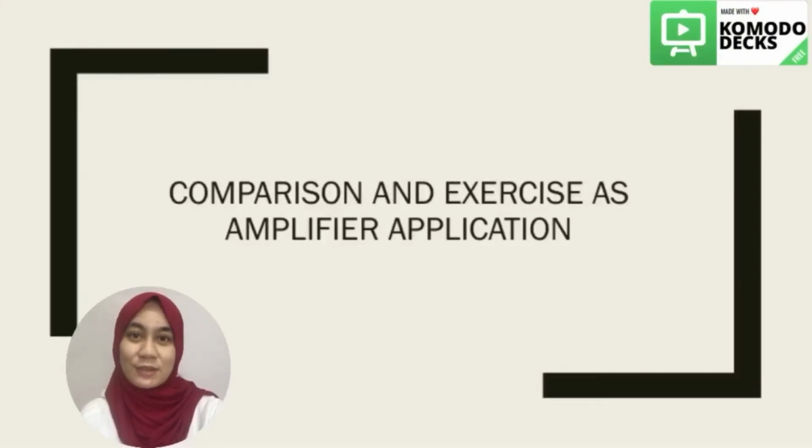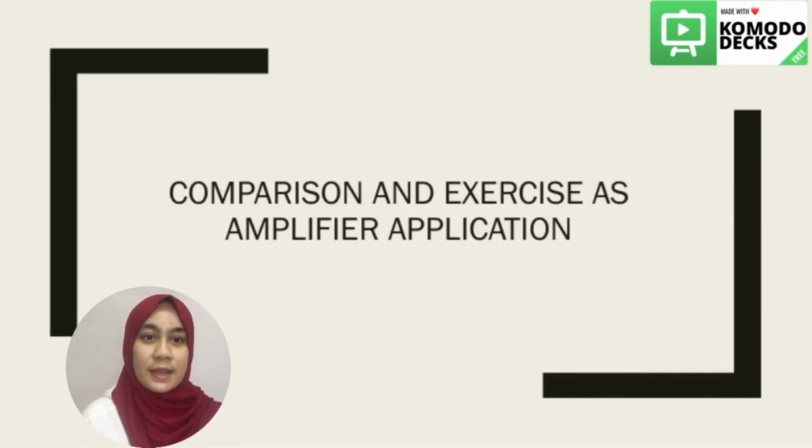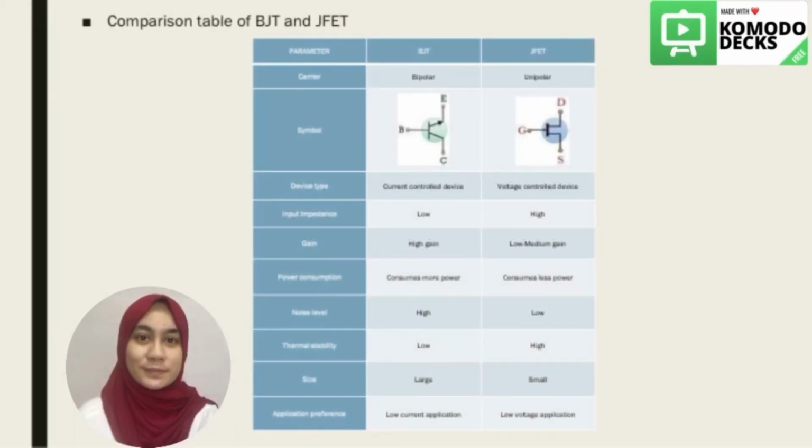Alright, we move to the last component that we have discussed. It is comparison and exercise as amplifier application. Here is the comparison table of BJT and JFET. For the first parameter, carrier, BJT is bipolar, while JFET is unipolar.